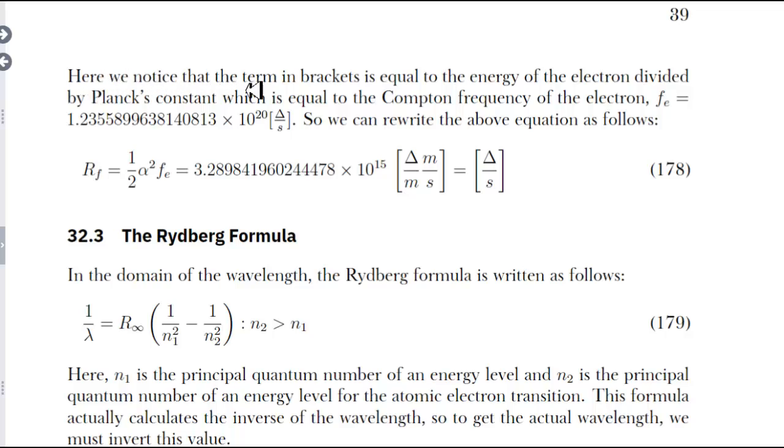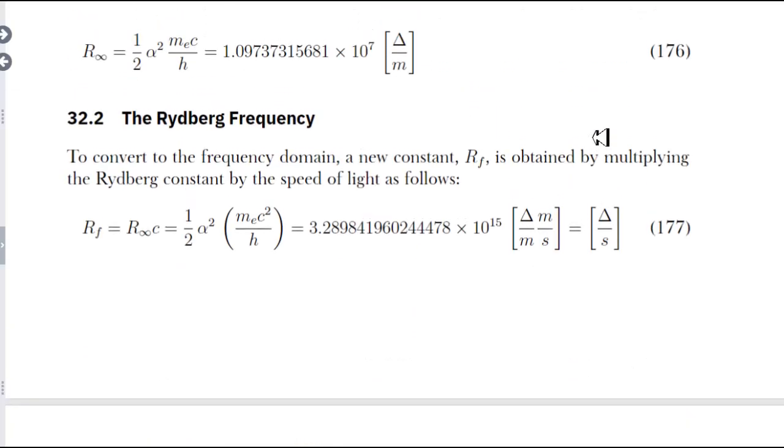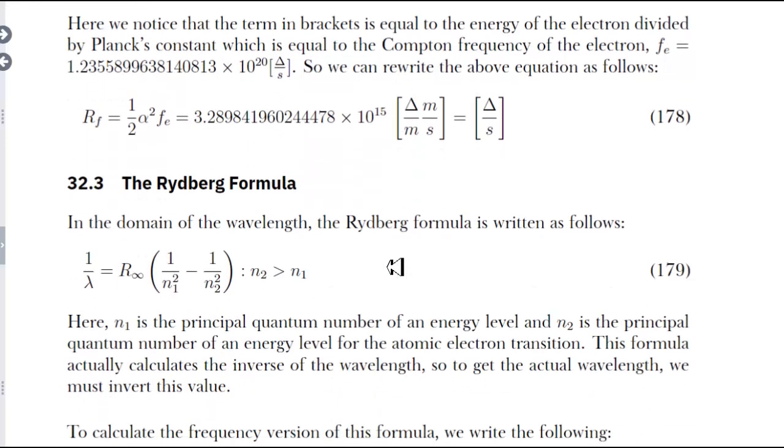So here we notice that the term in brackets is equal to the energy of the electron divided by Planck's constant, which is equal to the Compton frequency of the electron. F sub E is equal to 1.2355, etc., times 10 to the 20 hertz, cycles per second. So we can rewrite the above equation as follows.